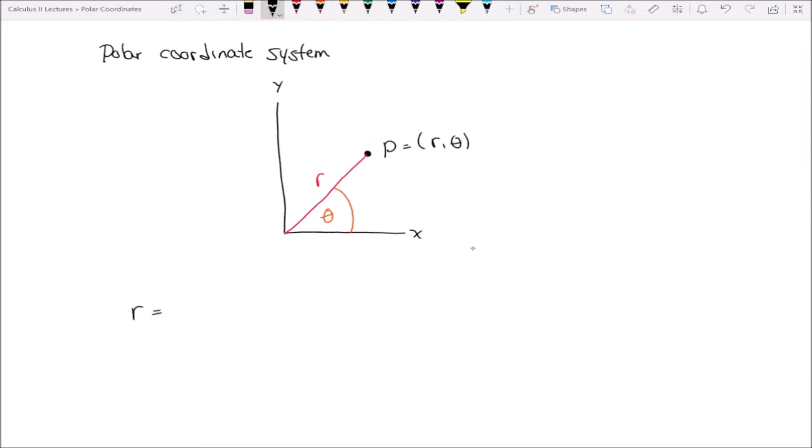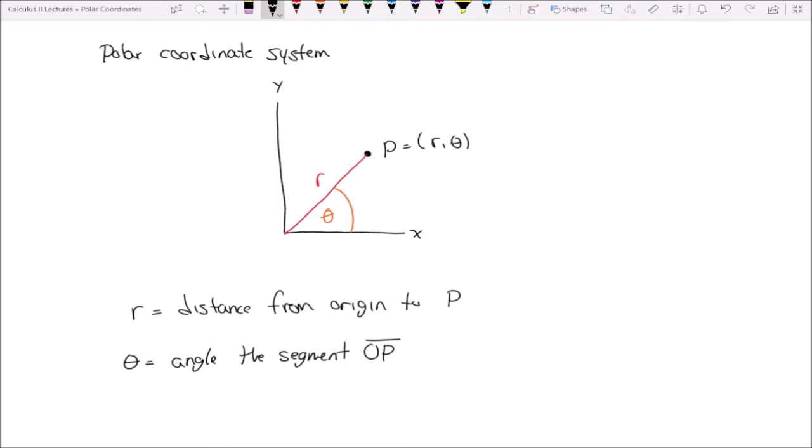R is the distance from the origin to the point.